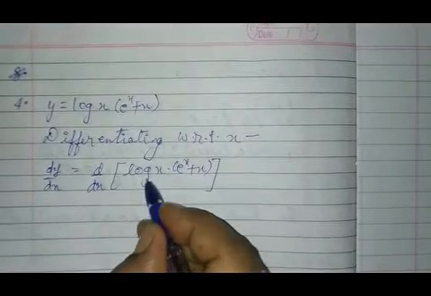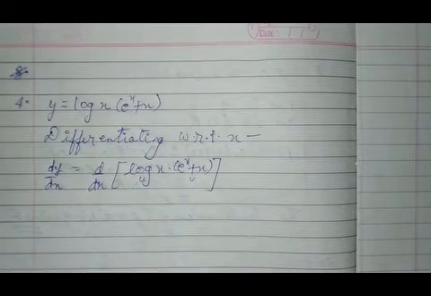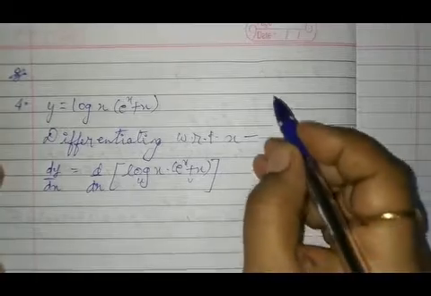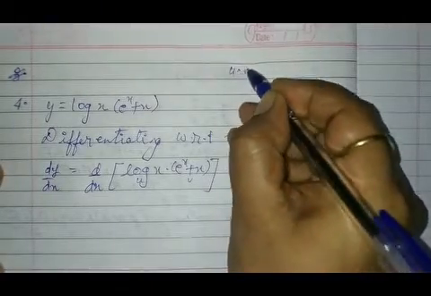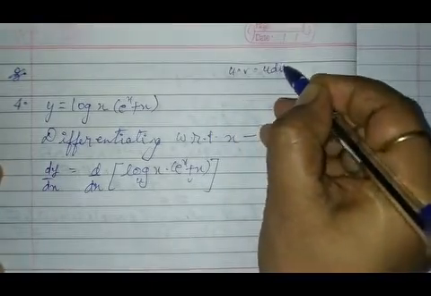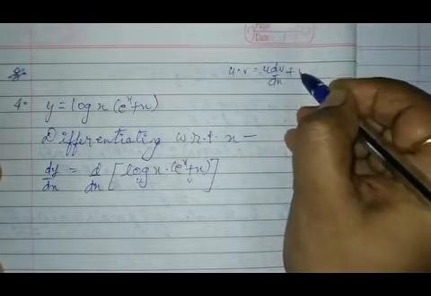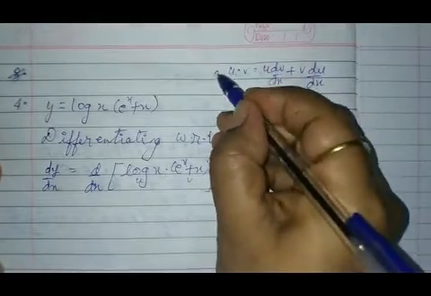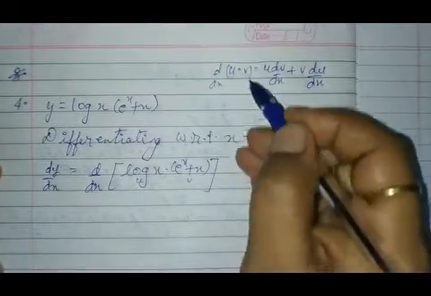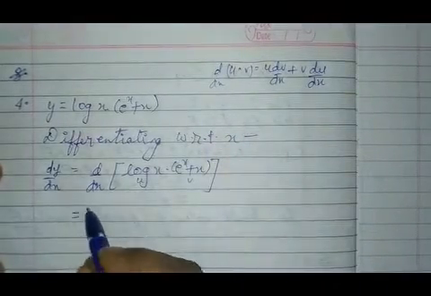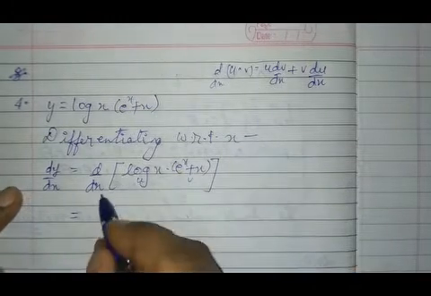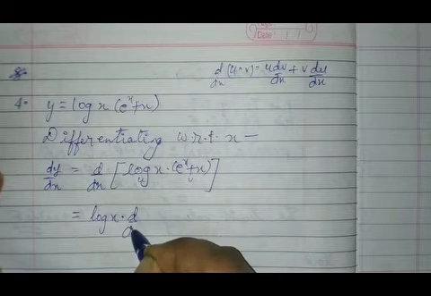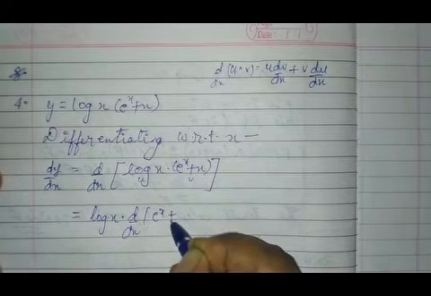Here also we have two functions, u and v. We apply the same product rule. Remember, d/dx of u·v is u dv/dx + v du/dx. So we use the same formula here also. See, u is log x, into d/dx of (eˣ + x).